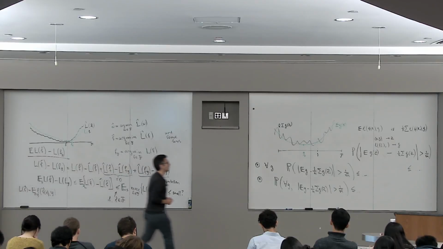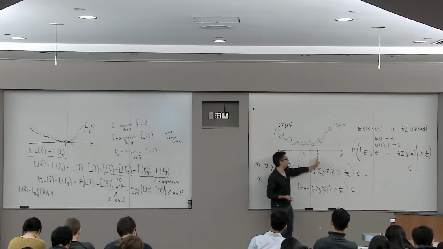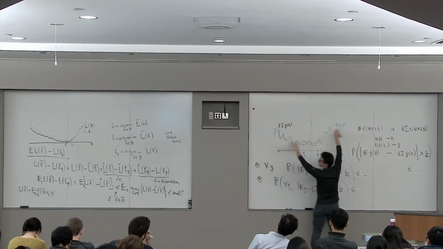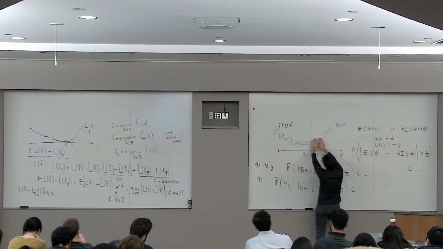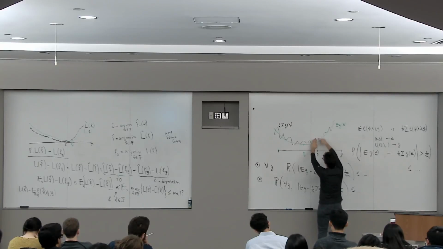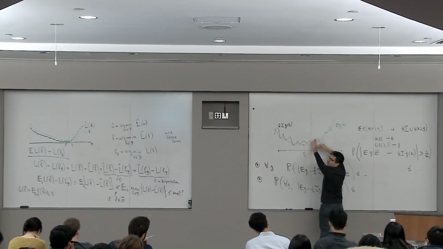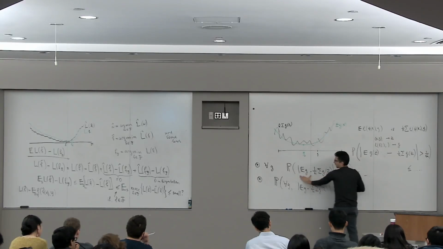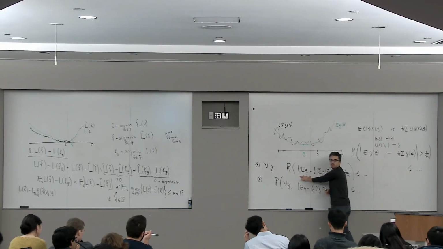So again, the first statement says I'm going to fix g, and then I forget about everything that's out there, and I'm just looking through this narrow window. How does the black point go around the green point? And that's just an average around its expectation. And that is the central limit theorem.